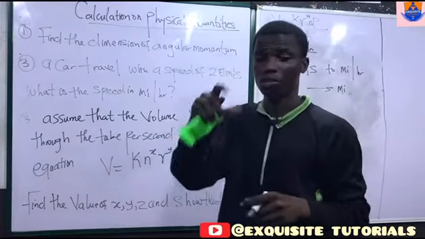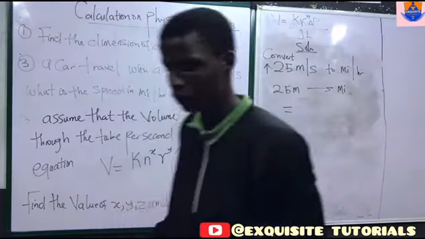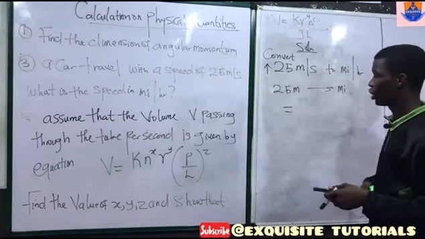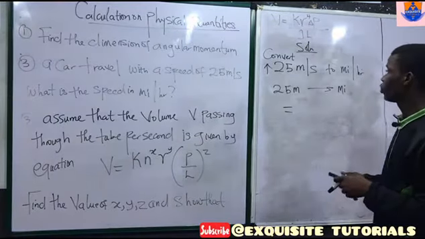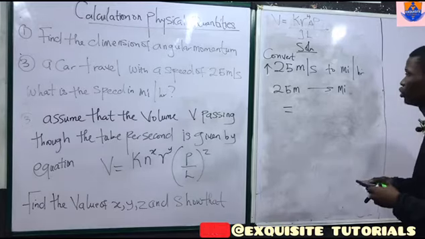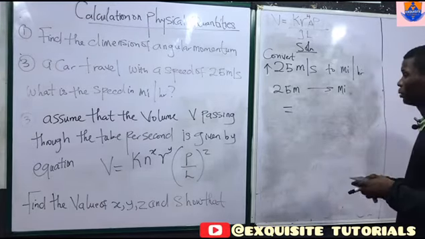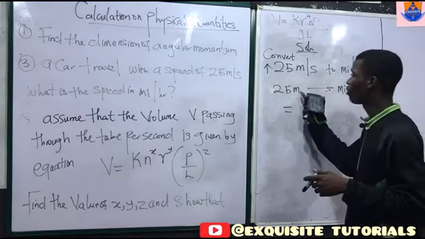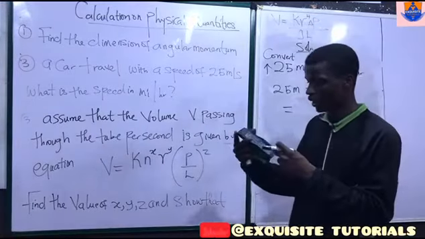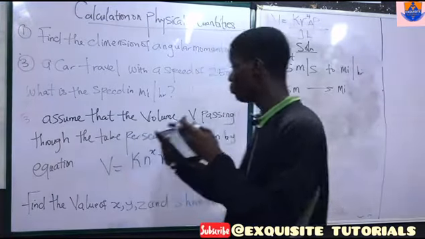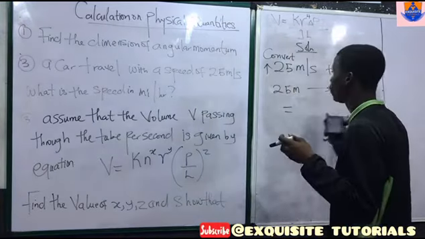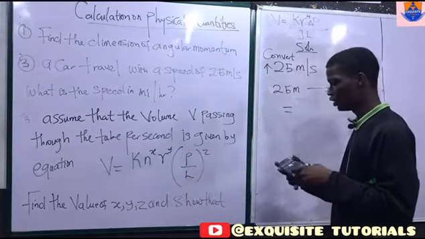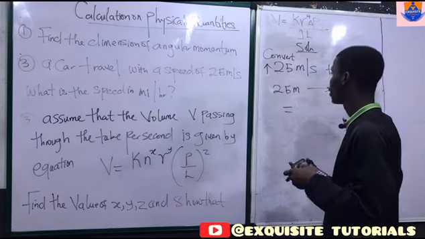So if you check your calculator very well, if you check the back, for the type of calculator I'm using, in some other lesser or bigger calculators, you find out that we don't have any unit that converts meter to mile, but we have the one that converts kilometer to miles. So definitely we can use the one for kilometer to mile.